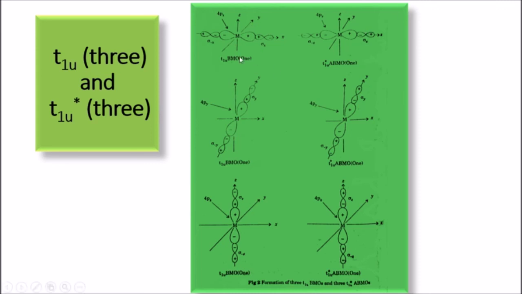So that is how it can be represented as T1u BMO. Plus plus and minus minus is positive interaction, but plus minus is negative interaction. So plus plus and minus minus is going to form BMO, while plus minus is going to form ABMO. Much similar is there for the y and z axes as well.